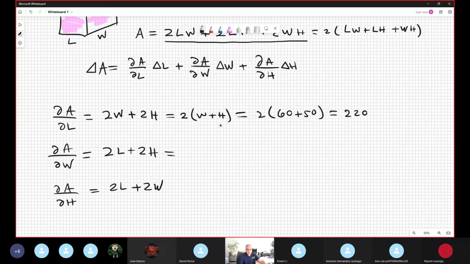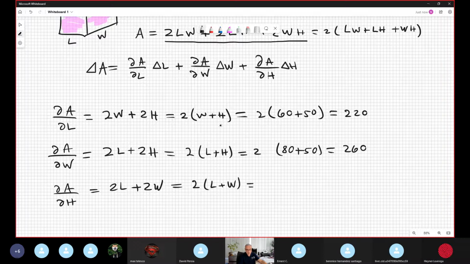Okay, now exactly the same. 2 times (L plus H): 2 times (80 plus 50) is 260. 2 times (L plus W): 2 times (80 plus W, where W is 60) is 280, no?